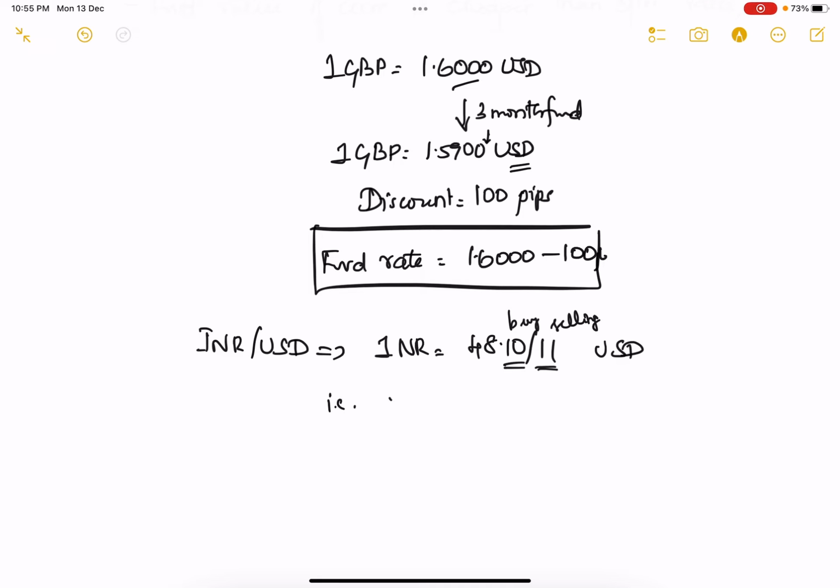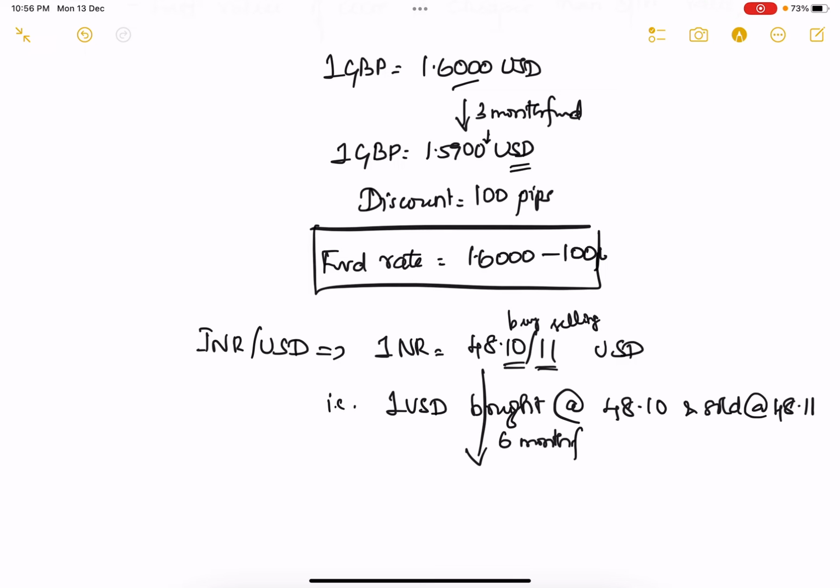That is, 1 USD is bought at 48.10 and sold at 48.11, which is the selling rate. So for example, 6 month forward, 1 INR is 48.68 and 69 USD, which is the buying, and this is the selling rate.